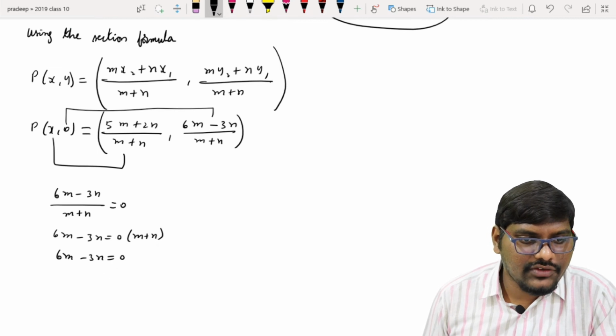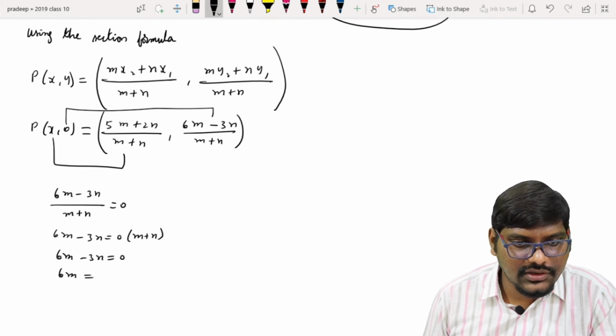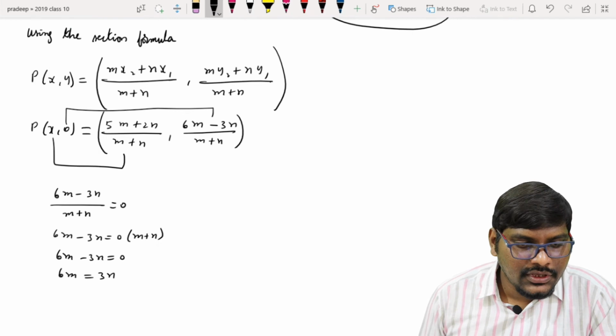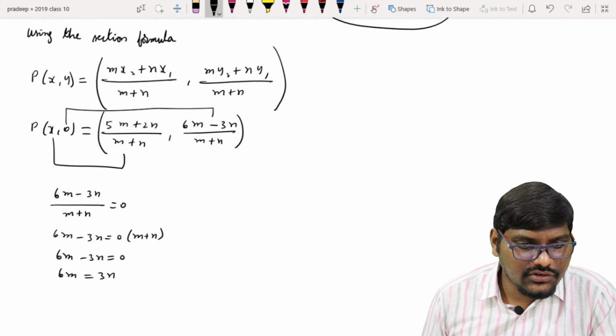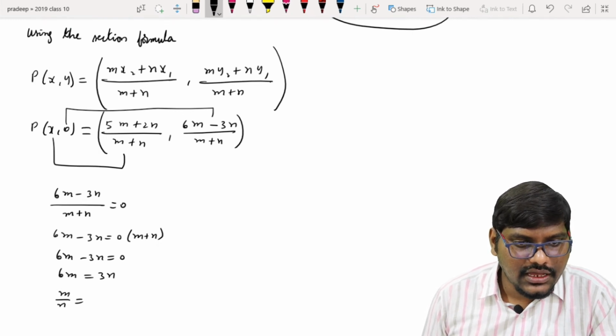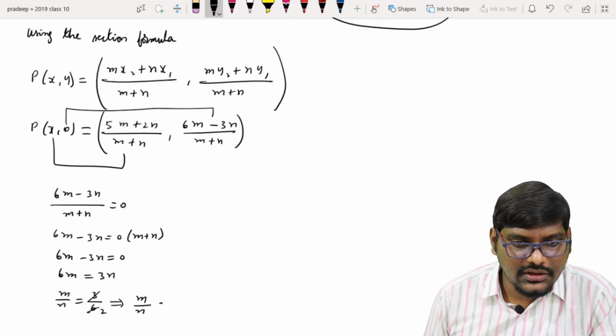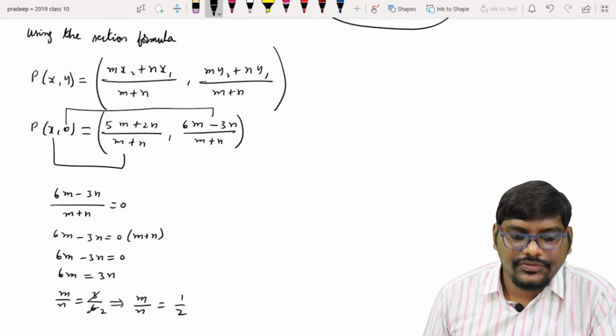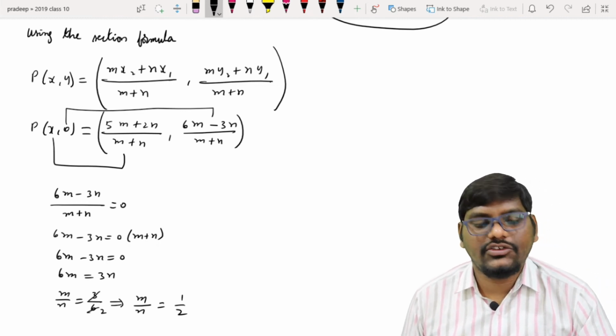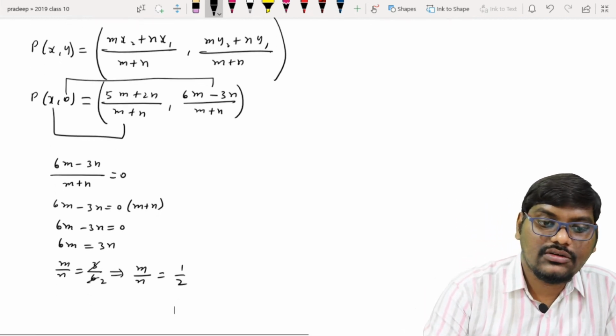If I send the 3n to the other side, this becomes 6m equals 3n. If I send n to the other side, I get m by n, and sending the 6 to the other side, this is 3 by 6, which is 1 by 2. So we get m by n equal to 1 by 2. We only got the ratio m by n, but we have to find the point.